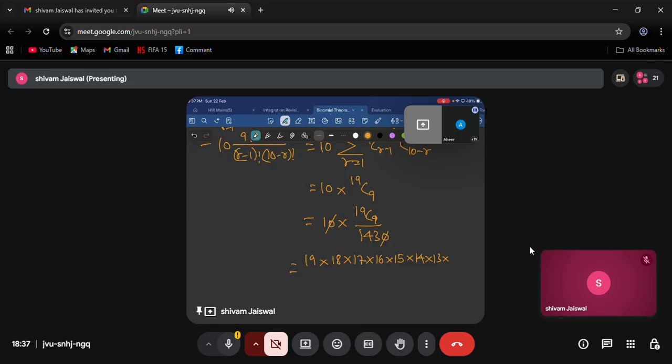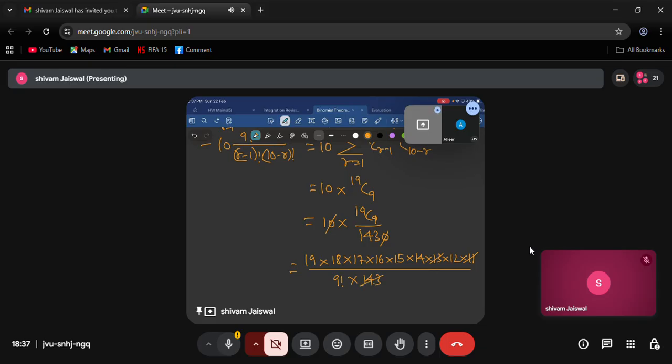It's coming 646. It would be simplified into 11 divided by 9 factorial into 143. 143 is 11 into 13, so these two get cancelled.